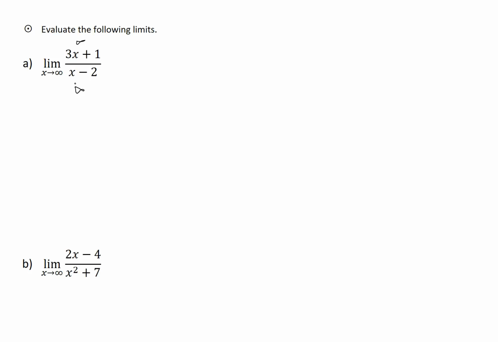So one thing that you can do is a trick which will allow you to actually evaluate this limit using some of the rules that we've had so far. So I'm just going to rewrite my limit for a second here. And as long as I multiply the numerator and the denominator by the same thing, that's perfectly legal. So I'm going to choose the degree of the denominator, and I'm going to multiply this by 1 over x divided by 1 over x.